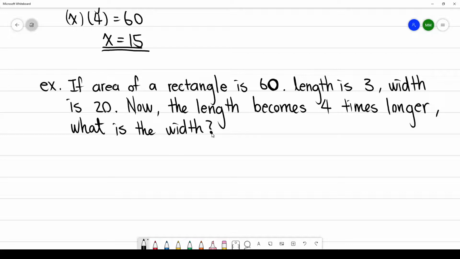So it's pretty similar to the one before, except now there are numbers involved. So you can actually find the numerical value of the width, like what the width is equal to. So try this out.